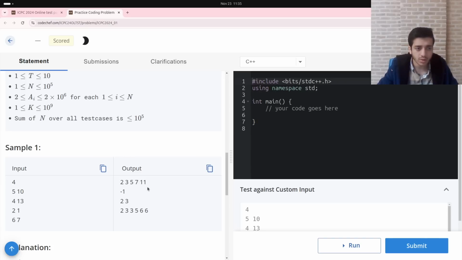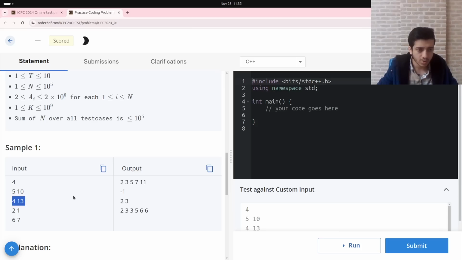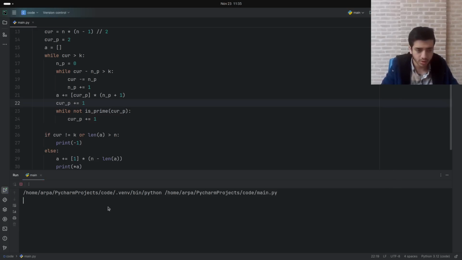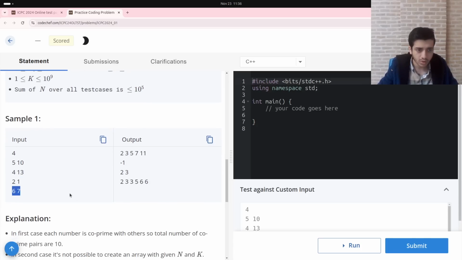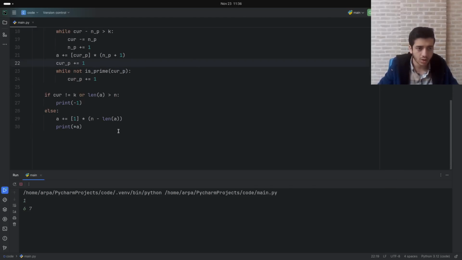No, it's correct. Okay. That works. Let's do it. Okay, it's -1. That's correct too. For this, it's not gonna reply. Why?